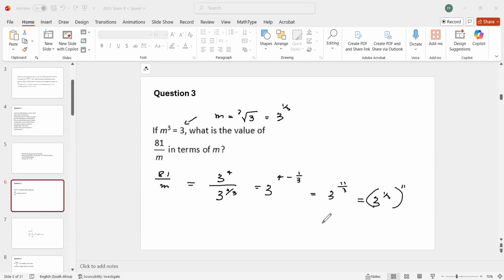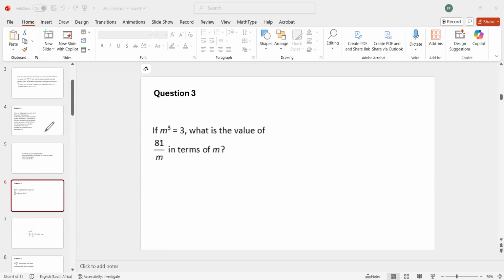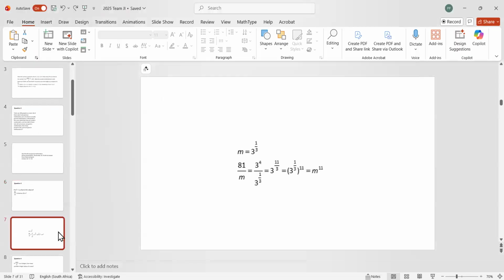And so this is m to the power of 11. So that's the question. Write this value in terms of m. And the answer is m to the power of 11. Okay. So let's just check to see whether that is the answer that I got before I came here. Right, there it is. M to the power of 11.